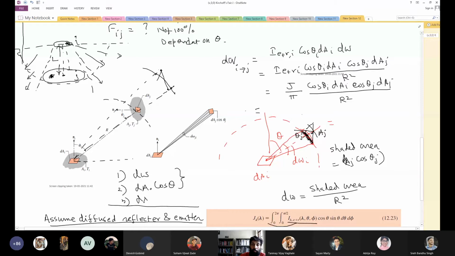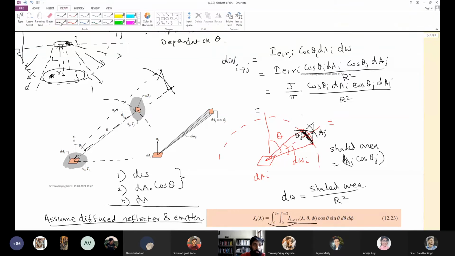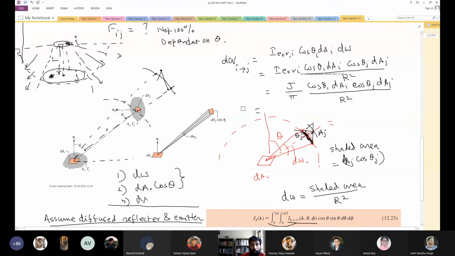Don't worry about lambda at this moment. As you deal with this expression, you will know that whether you write lambda or not doesn't matter, because it's a ratio, so if you take lambda, it will be the same ratio again. And then we integrate Qij equals to, J comes out, because of the surface we also assume.